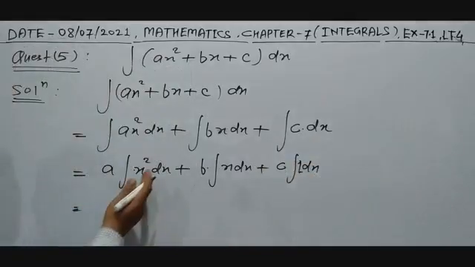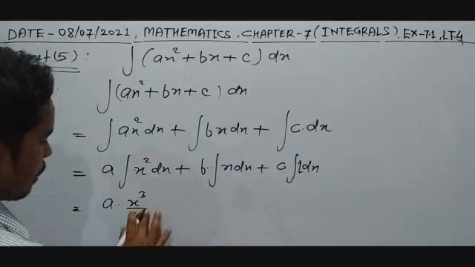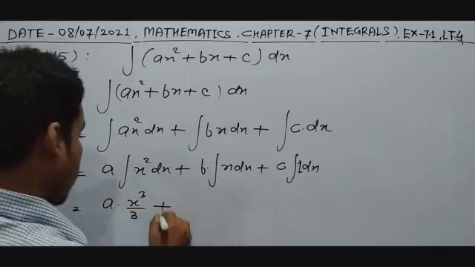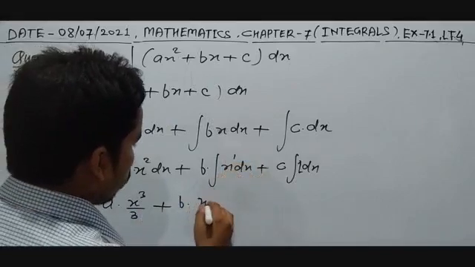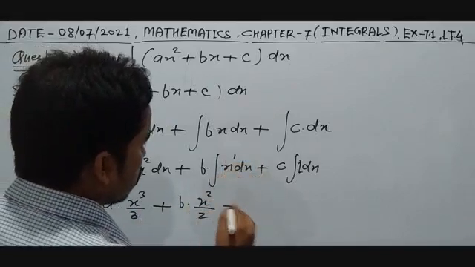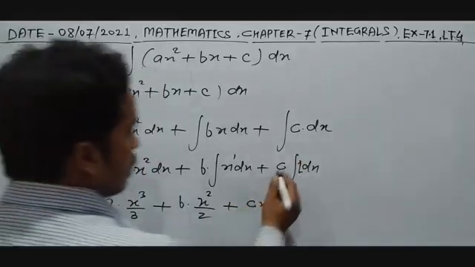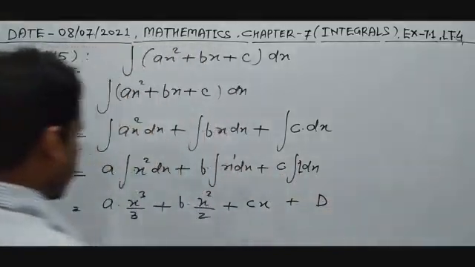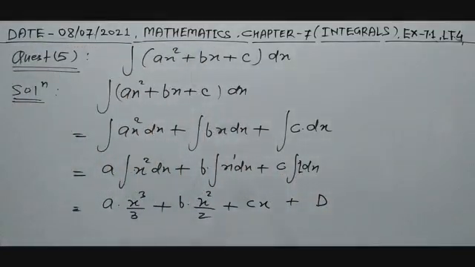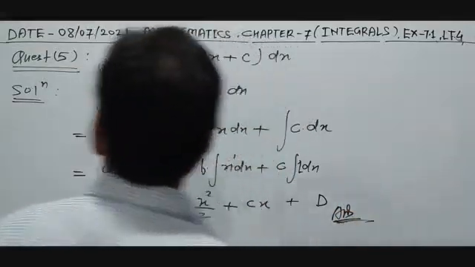You know the formula: x to the power n, the result will be x to the power n plus 1 whole upon n plus 1. Similarly for b, this is power 1, so the result will be x square by 2, and for 1 dx the result is x. And c is already used, so you can take the constant d. So this is the integration of this part. This is the answer.